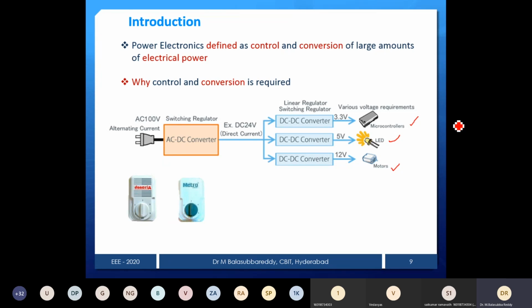When the position changes from 1 to 2, 2 to 3 and so on, what is happening inside? If you move the position, automatically the inside resistance is going to be cut off, from the first position to the second, second to third, and so on. Initially, there is a high speed.